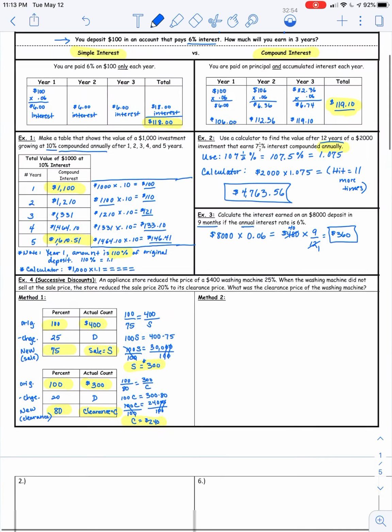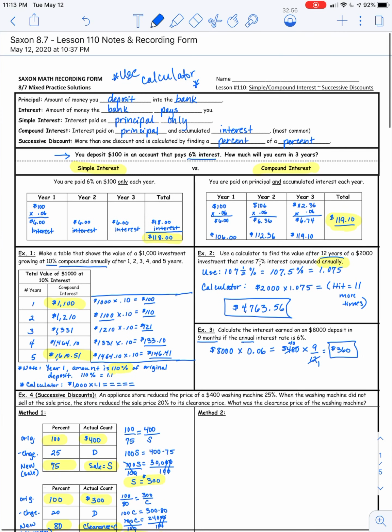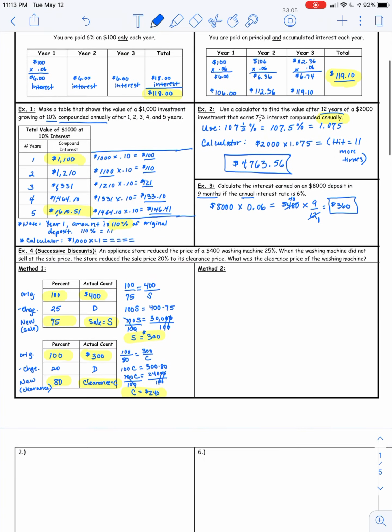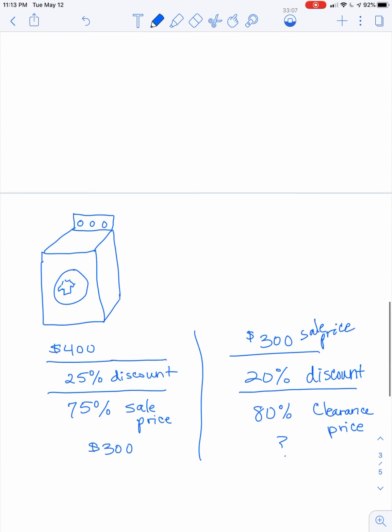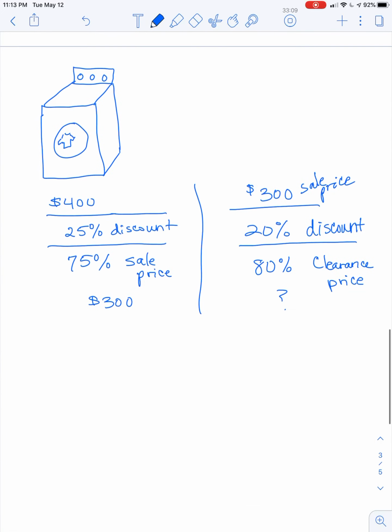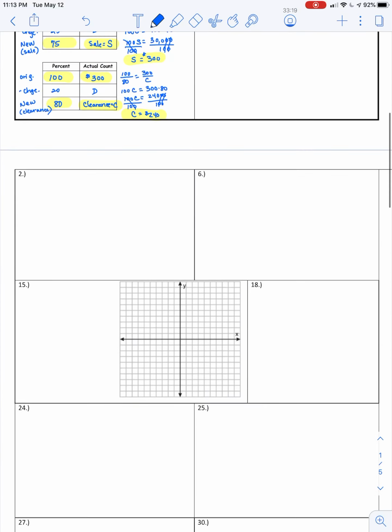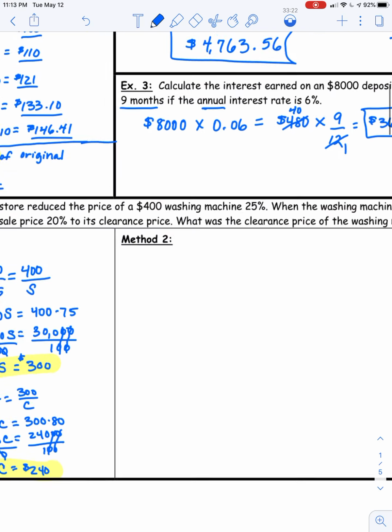So this is where, if you remember up top, I said that a successive discount over here at the very top is when there's more than one discount and is calculated by finding a percent of a percent. Well, do you realize that that's what you did down here? When you calculated this particular one, you found a percent of a percent. That's what we did. So let's see how that works out.